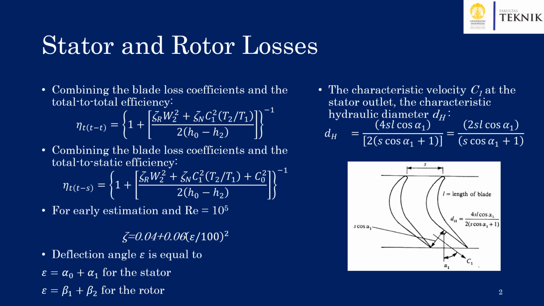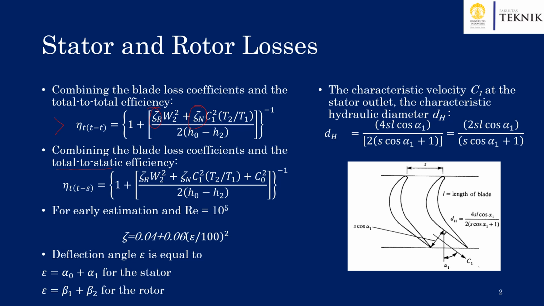To further analyze the stator and rotor losses, we can combine the blade loss coefficients with the total to total efficiencies and the total to static efficiencies, and we will get a new equation for the total to total efficiencies as a function of the rotor blade loss coefficients and the stator or nozzle loss coefficients.